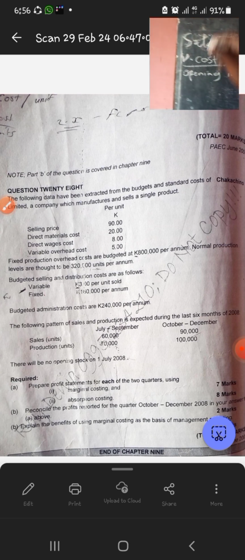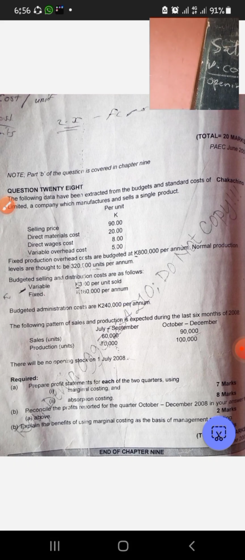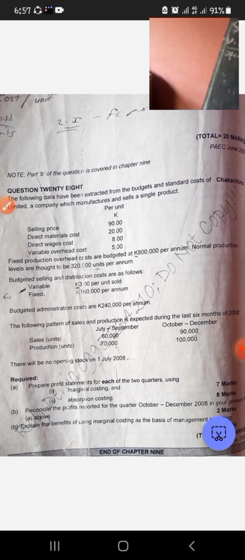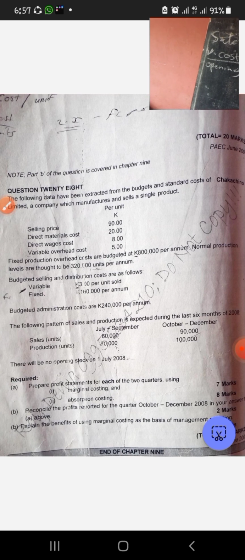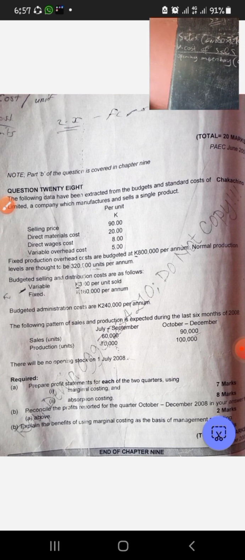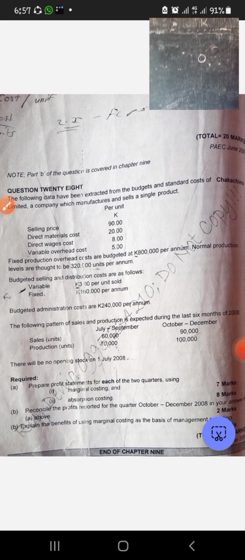Our variable cost: the material is 20, add the 8, it's 28, and then we add the 5, which is 33. So our variable cost per unit is 33. When we take the opening inventory times 33, it's 0.